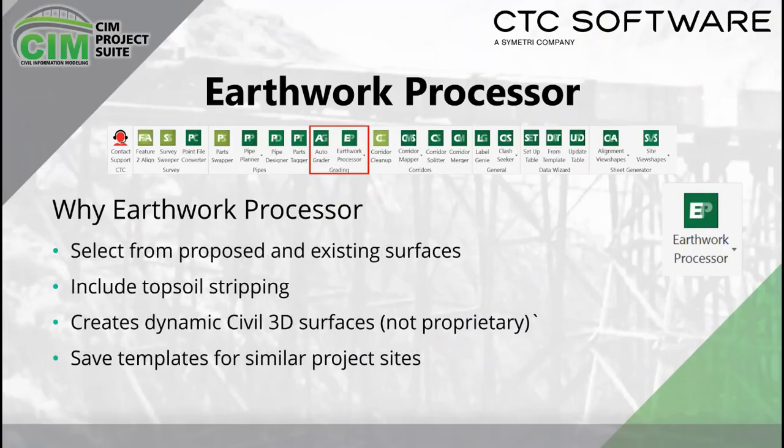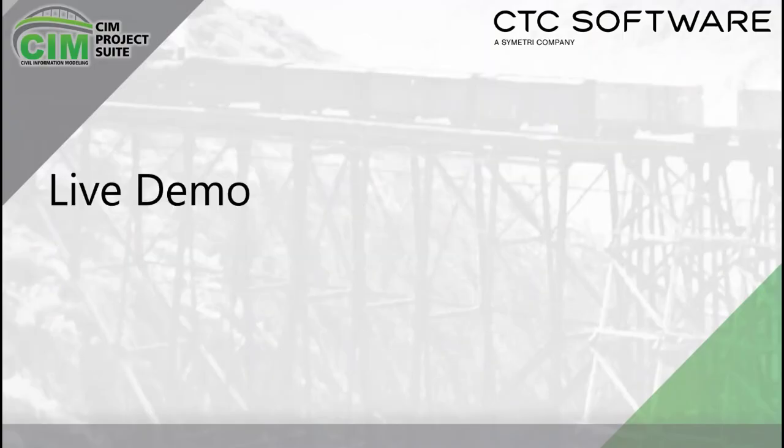So then we select from our proposed and existing surfaces, we can include topsoil stripping, and they will create dynamic Civil 3D surfaces which are non-proprietary. And then we can save templates for similar project sites. So with that, let's jump into Civil 3D and get started.